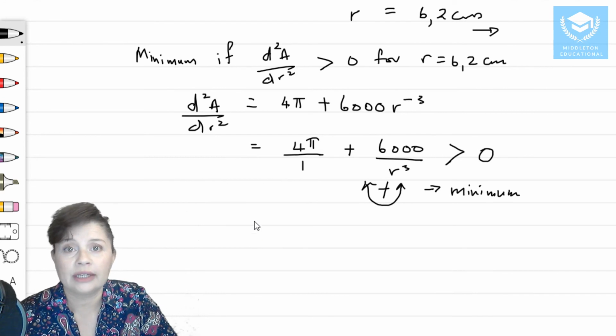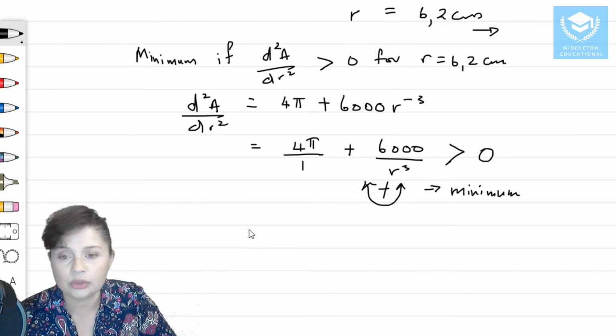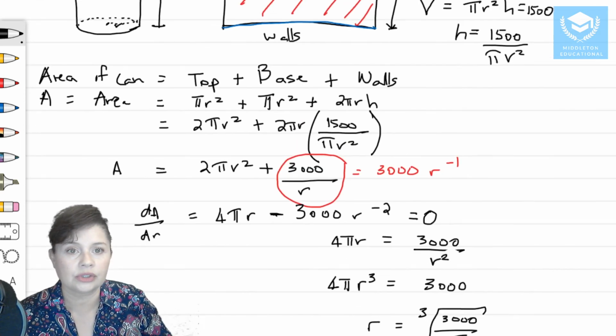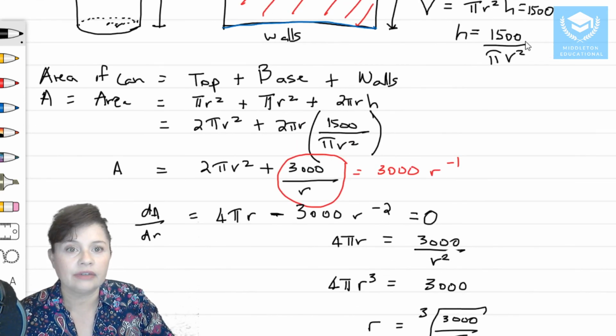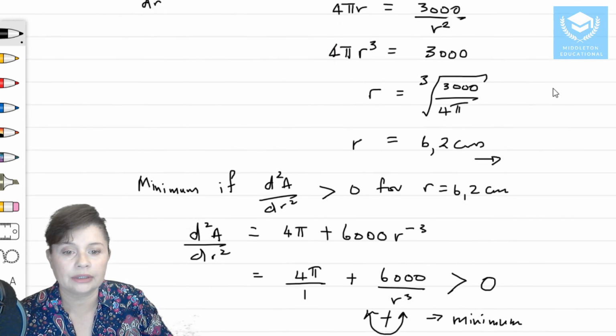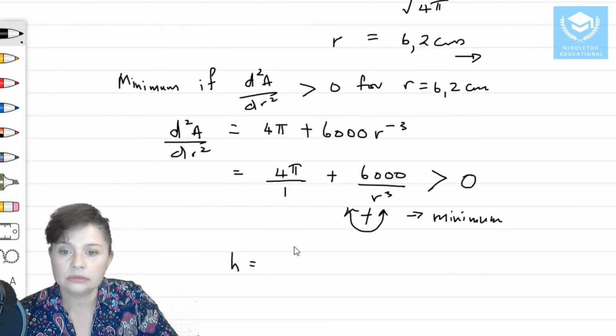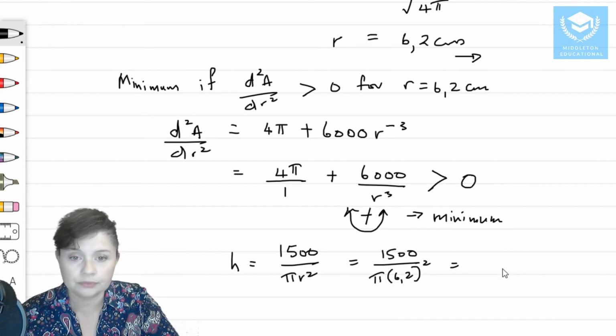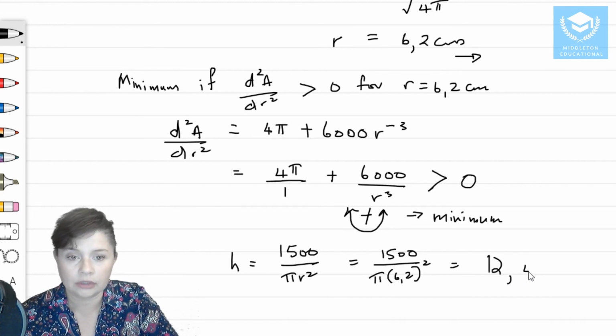So now we need to find out what our height is going to be. And that we just substitute into the previous equation that we had. And what was that? That was 1500 over pi r squared. So that's going to be 1500 over pi times 6.2 squared, and that works out to about 12.42 centimeters.